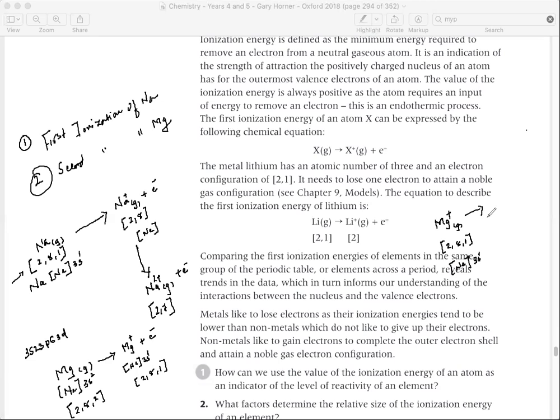Then when we remove the electron, it becomes Mg2+. What is Mg2+? Mg2+ is neon, or we can write 2, 8 also. This is called the second ionization expression for magnesium. So this is what I had asked in the question.